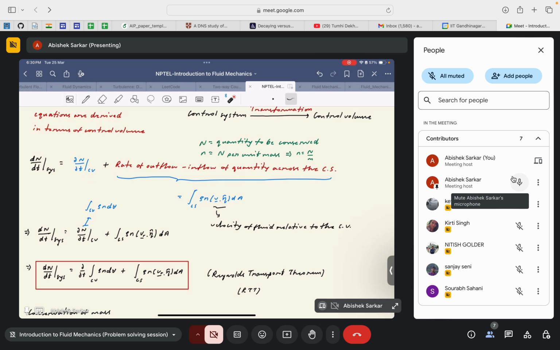Basically, capital N is the quantity that we want to conserve, and small n is the property per unit mass, that is small n is equal to capital N by m.